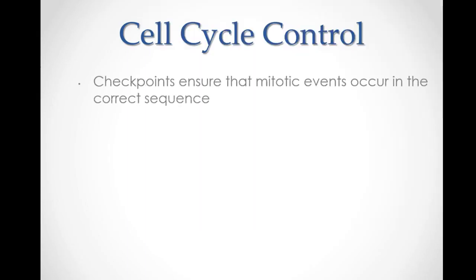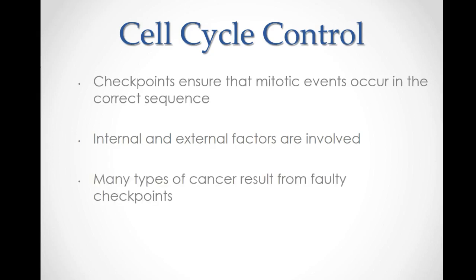All right, so what prevents a cell from just dividing whenever it wants, however it wants, as many times as it wants? Well, there's a whole host of checkpoints in place to make sure that everything goes in the correct sequence, and there are both internal and external factors involved in this.